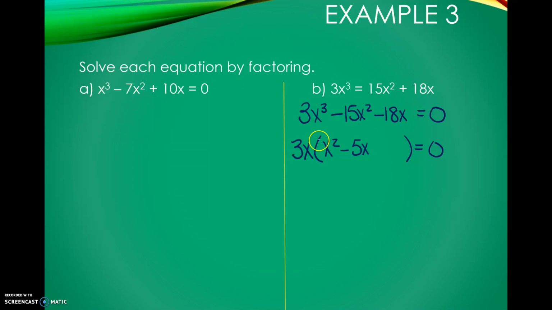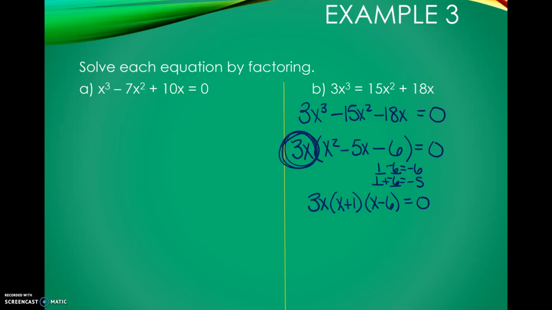Negative 18x divided by 3x would be negative 6. Now, ignore the 3x for right now and just focus on factoring this x squared minus 5x minus 6. So on your own, factor that. Pause the video. Once you factor the trinomial, don't forget that we had a 3x out in front.